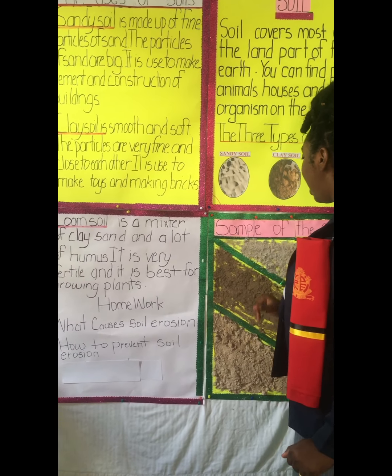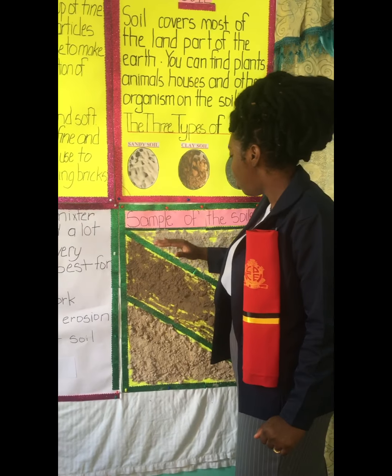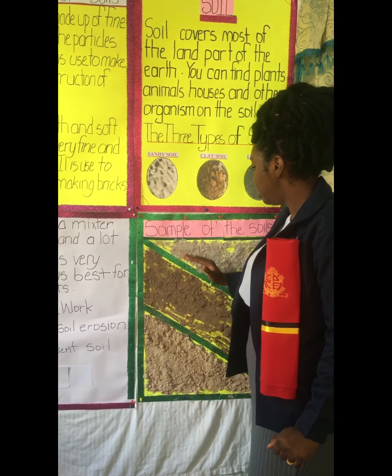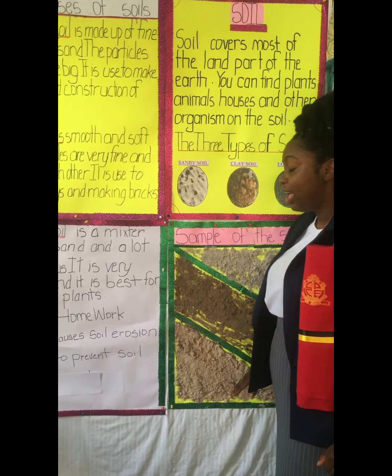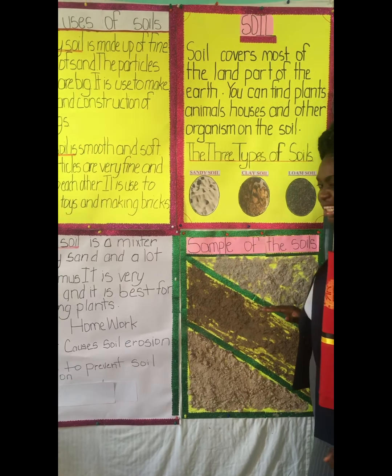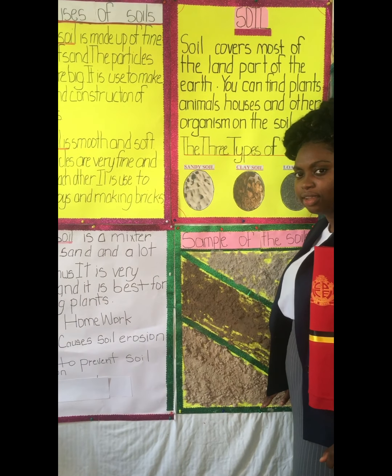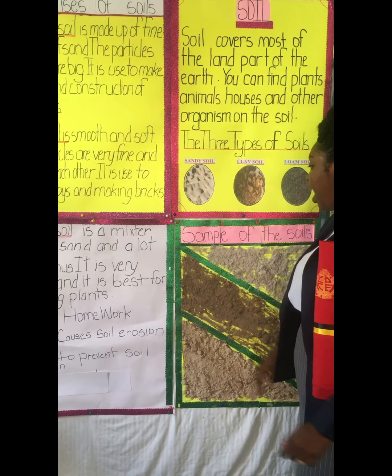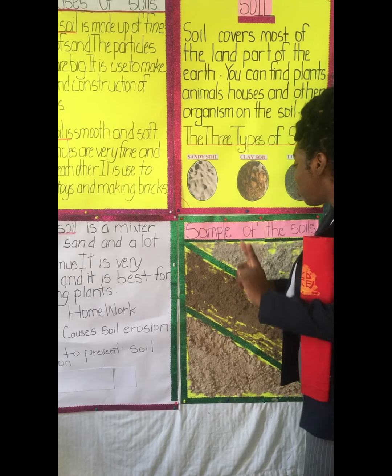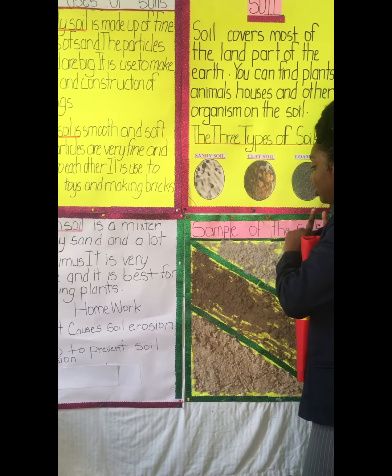Now, here we have some samples of the three types of soil. The first one, can anyone tell me what the first one looks like? Yes, the first one is sandy soil.